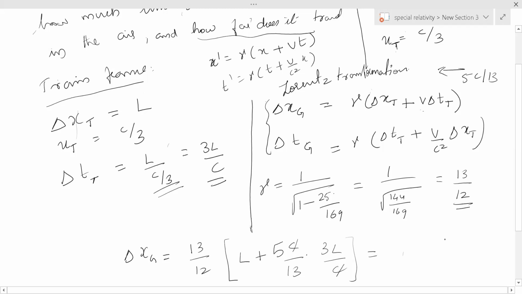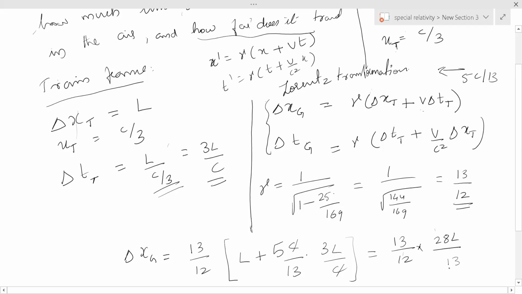So it's equal to 13 by 12 multiplied by, you just add these things, 13L plus 15L, so 28L divided by 13.